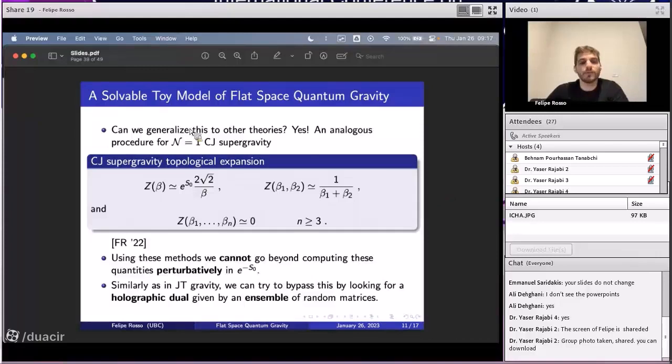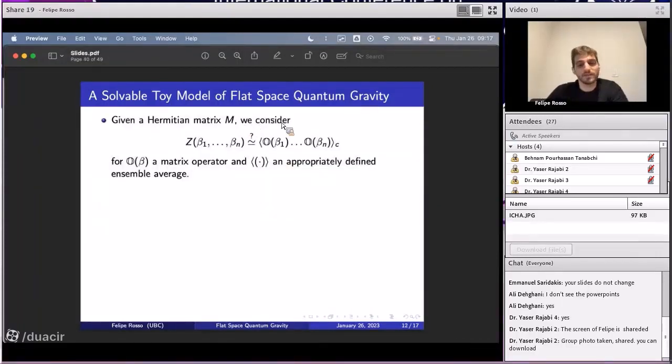That's what I'm going to describe next, because there is such a holographic dual. The idea is that given a Hermitian matrix M, the question that we're going to consider is whether the topological expansion that we computed on the left-hand side for the partition function can be reproduced to all orders in a perturbative series by an ensemble average, indicated by these brackets, of some operator O that depends on the inverse temperature, and of course it also depends on the matrix.